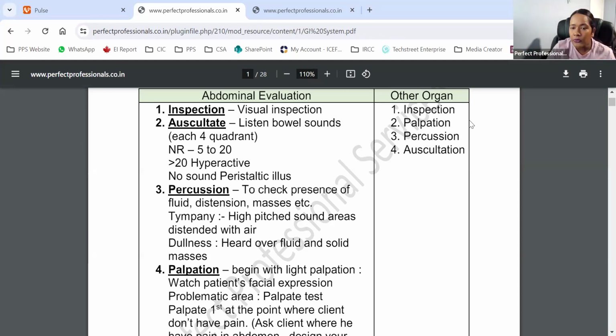We will not touch that part at all, otherwise you will get confused. So remember the abdominal evaluation.